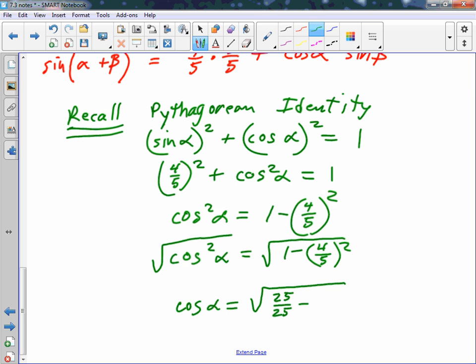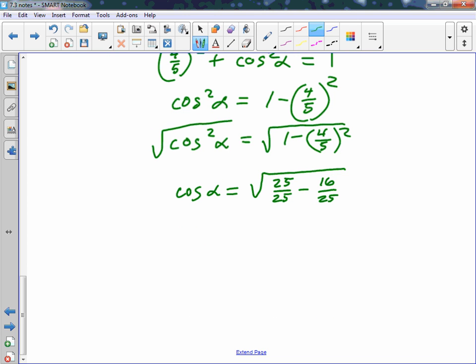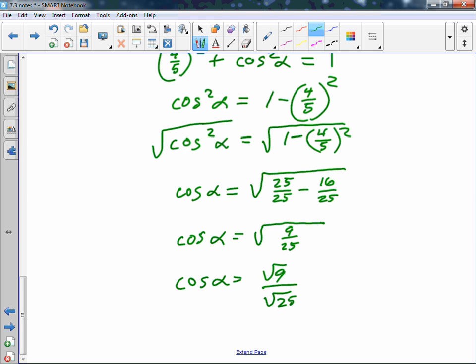No calculator up my sleeve yet. Equals the square root of 9/25. The square root of 9 over the square root of 25 equals 3/5 as the principal root.